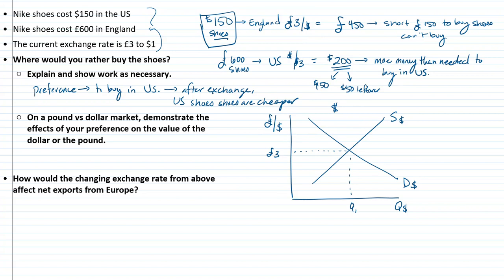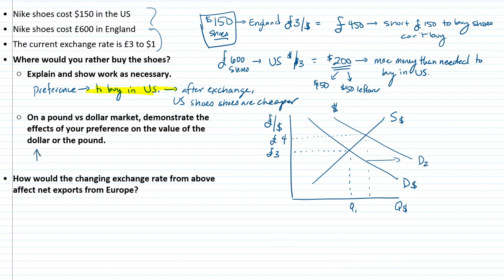But what we know is that everybody wants to buy shoes in the United States because including this exchange rate, shoes are relatively cheap. So the preference for US products begins to increase. Demand 2, we shift it to the right, and the value of the US dollar will increase. In fact, it should increase all the way up to 4 pounds per dollar, right?